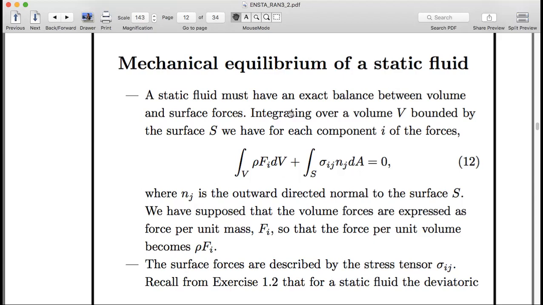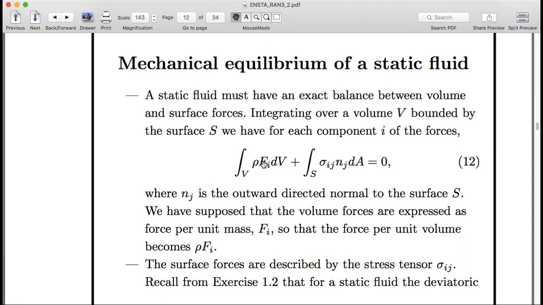So in general terms, a static fluid must have a balance between all the forces, right? And we saw there are surface forces and volume forces. Whenever you hear volume force, you should probably be thinking gravity, right? But we're going to leave it general for now and just say I have a force F, which is a force per unit mass.